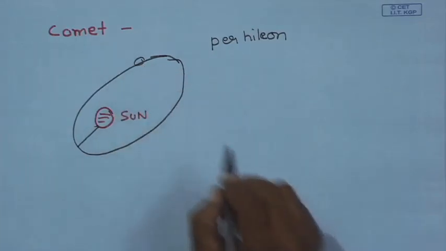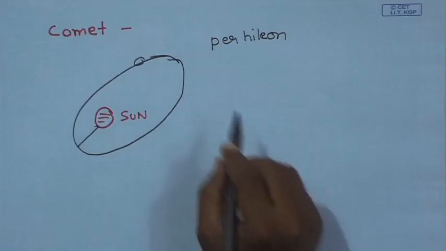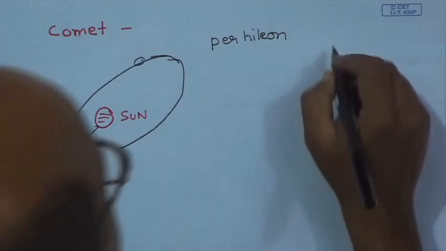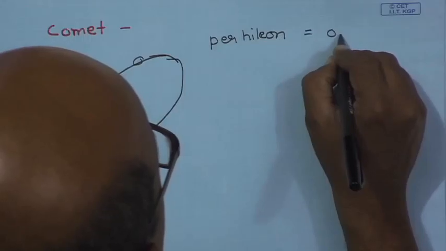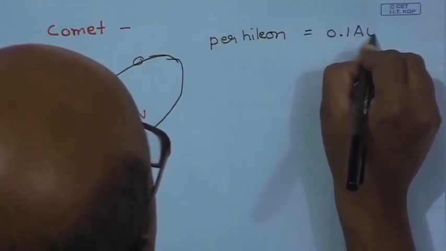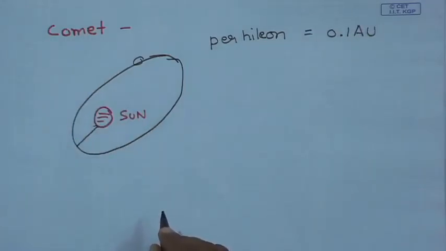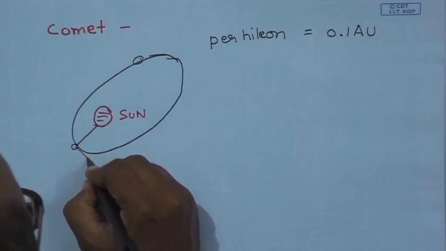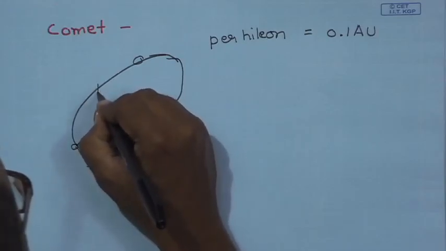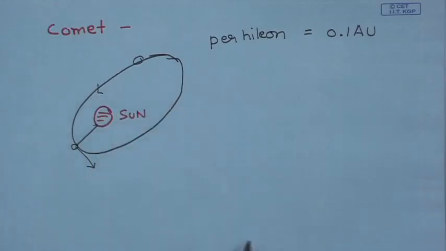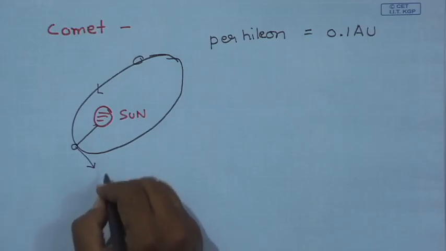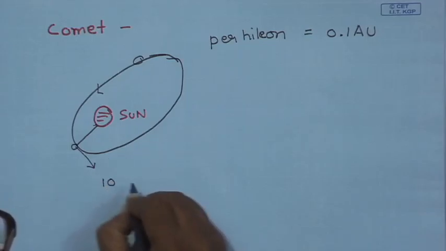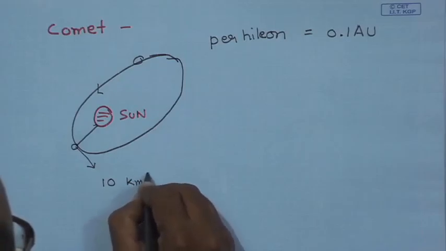The perihelion of this comet is 0.1 astronomical unit, and further it is possible to measure the speed of the comet at the perihelion, and it is found that the comet has a speed of 10 kilometers per second at perihelion.